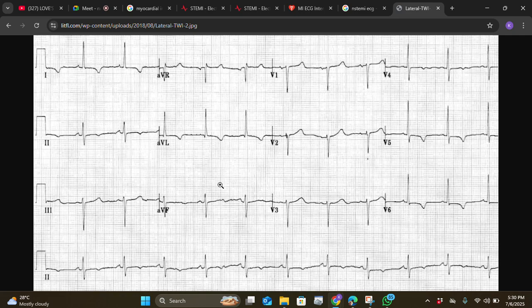Oh, sorry, I'm mixing it up. V4 to V6 are lateral leads, while V1 to V3 are anterior leads.